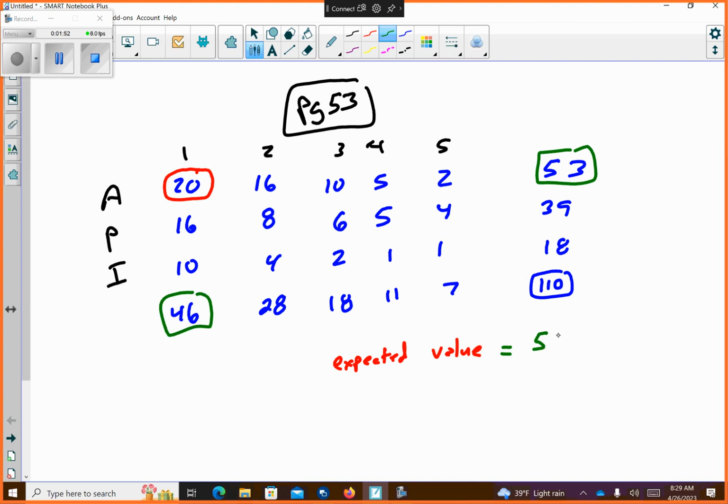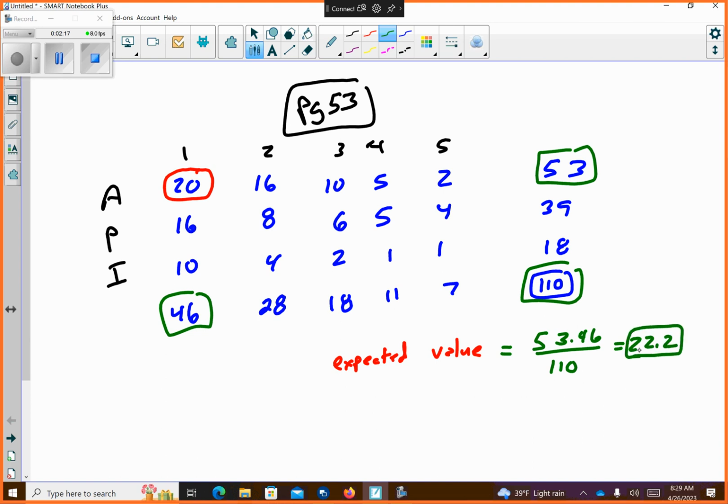So I'm going to go 53 times 46, and then I'm going to divide it by this total. Okay, so if I multiply those together, divided by 110, then this comes out to 22.2.